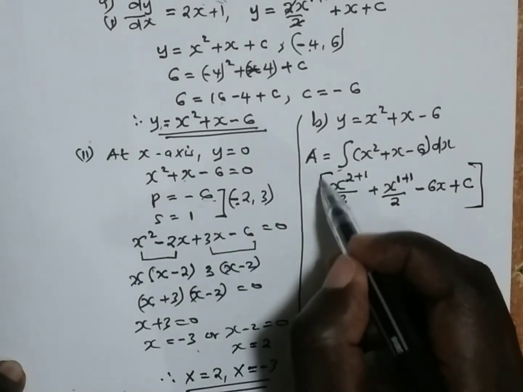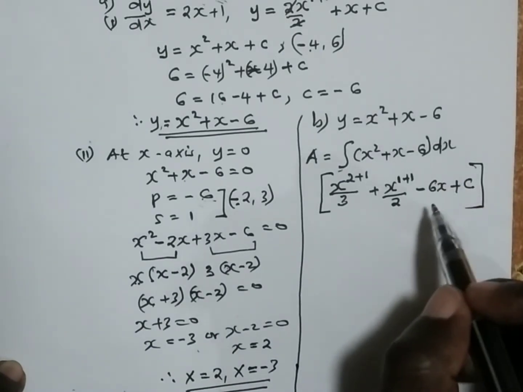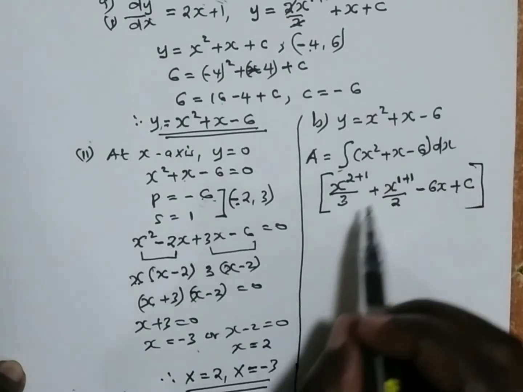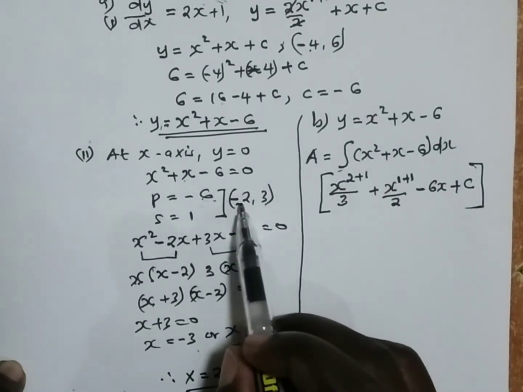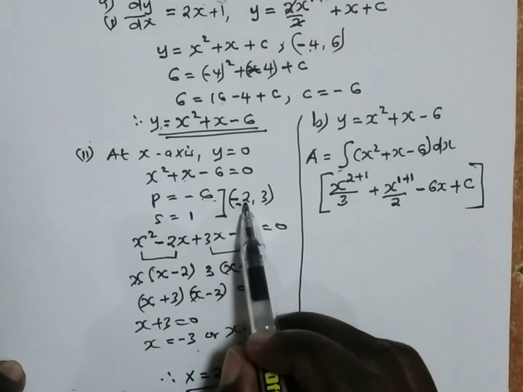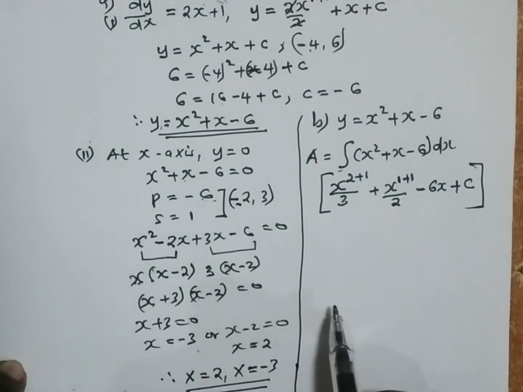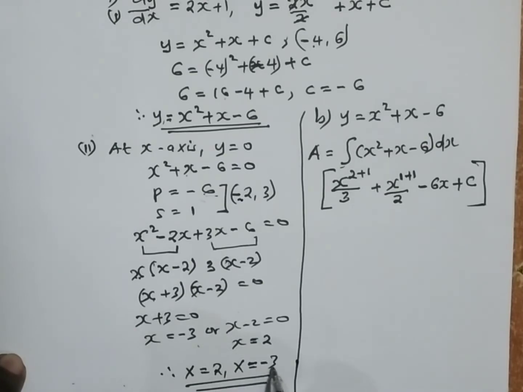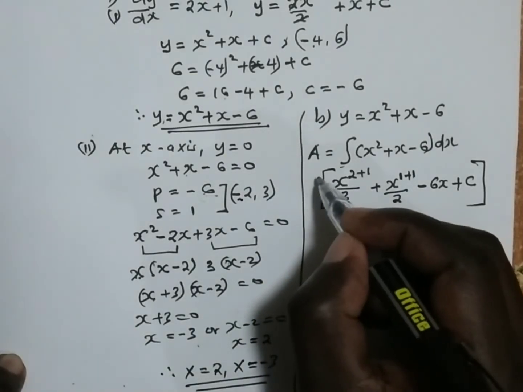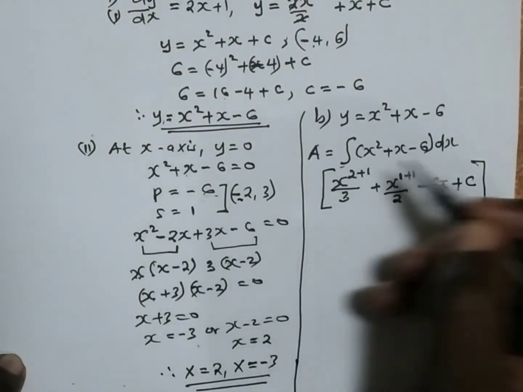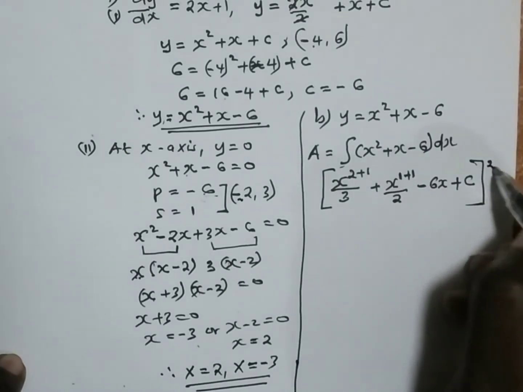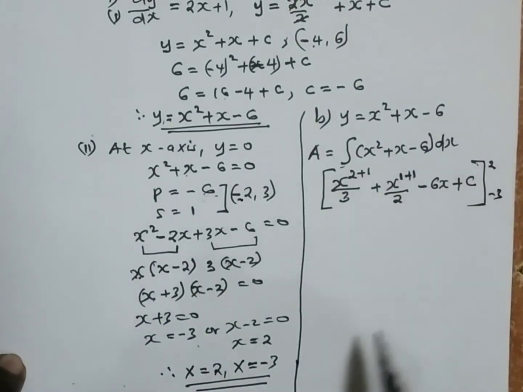At this point now we have the limits, and the limits are the values of x, which is positive 2 and negative 3. So the values that we have are positive 2 and negative 3.